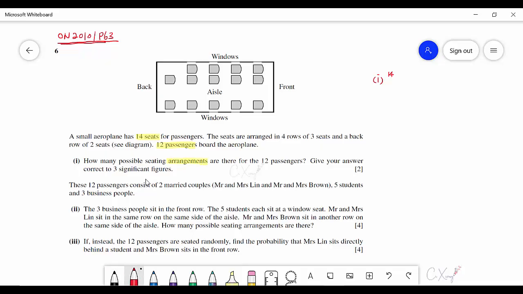Every time when we see the word arrangement, or mainly arrangement or order, then you should use the permutation, where it mostly involves P or factorial. So we are having 14 seats and we want to arrange 12 passengers in the 14 seats, so it will be 14P12. When you press the calculator, you will get a very long number with 10 power 10 at the end.